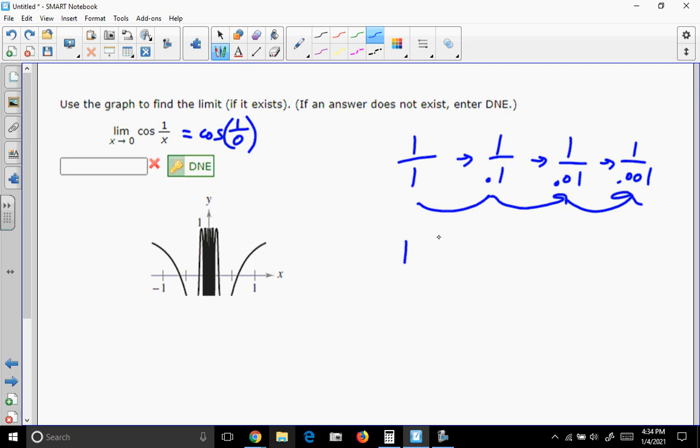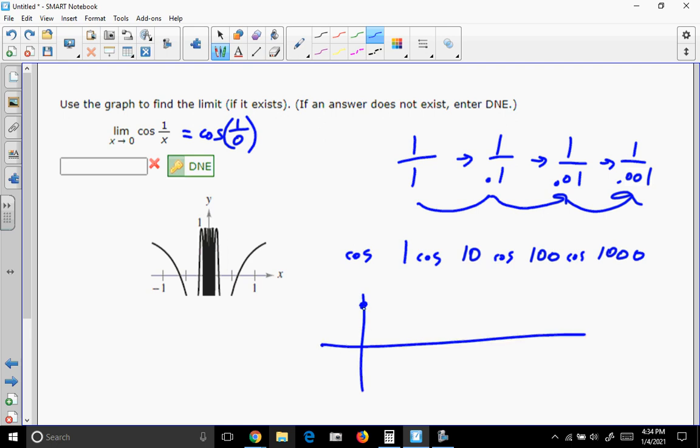Well, this one is 1, this one is 10, 100, 1,000. Well, what happens when we take cosine of values that are getting increasingly large? Is that going to be going to anything in particular? And the answer to that is no.